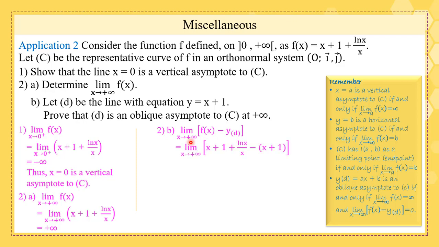This is f of x, taken from here, and then y of D, the line D, which is x plus 1. We simplify a little bit: x plus 1 and x plus 1 are eliminated. We still have ln x over x as x tends to plus infinity, and this is 0. Thus, the line D is an oblique asymptote to C at plus infinity.